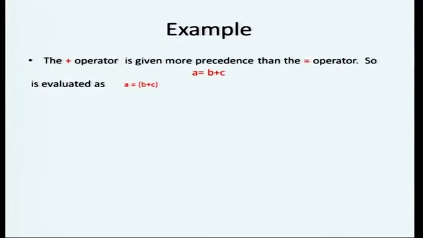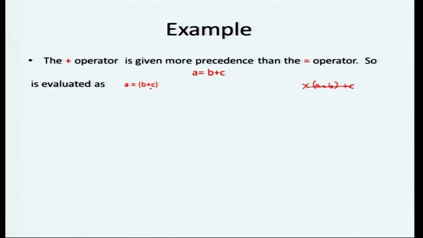In C, the plus operation is given more precedence than the equal to operation. So, I want to interpret this expression as A equal to B plus C, and not as A equal to B, plus C.